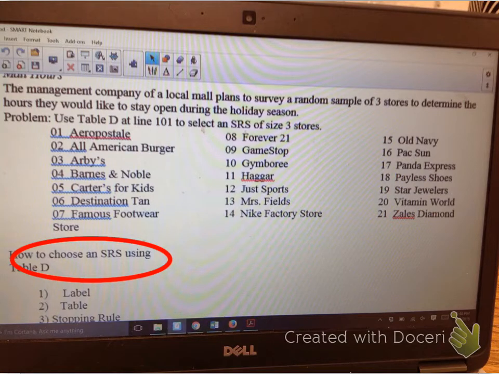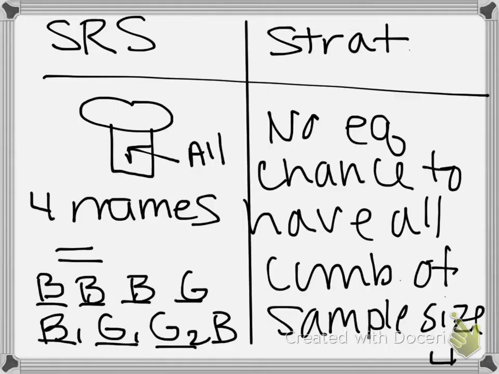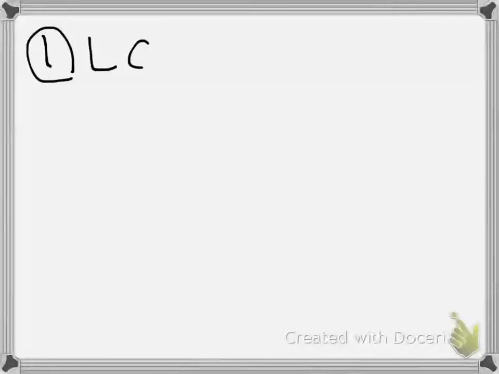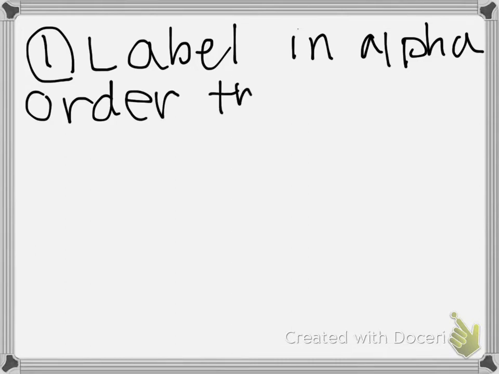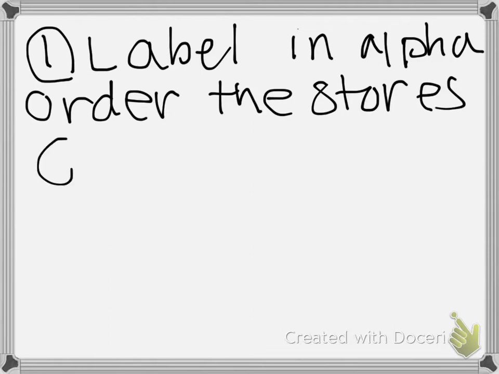how we're gonna label our population. Okay, and I'm going to say in alphabetical order. So I'm going to write this on the next page. Step 1, label, in alphabetical order, the stores 01 to 21.